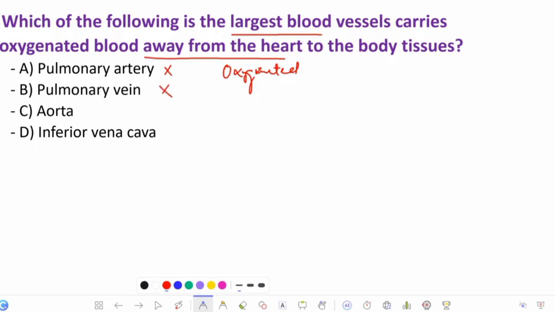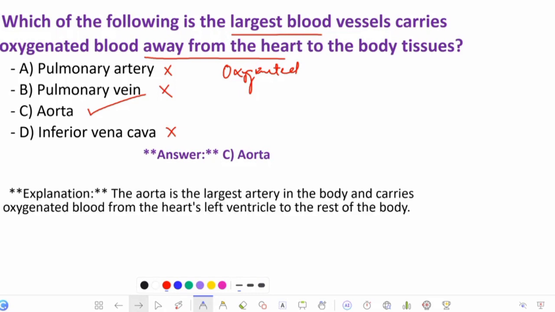Pulmonary vein, inferior vena cava, not at all. Aorta is the largest blood vessel that carries oxygenated blood away from the heart to the body tissues. So let's see the explanation. The aorta is the largest artery in the body and carries oxygenated blood from the heart's left ventricle to the rest of the body.